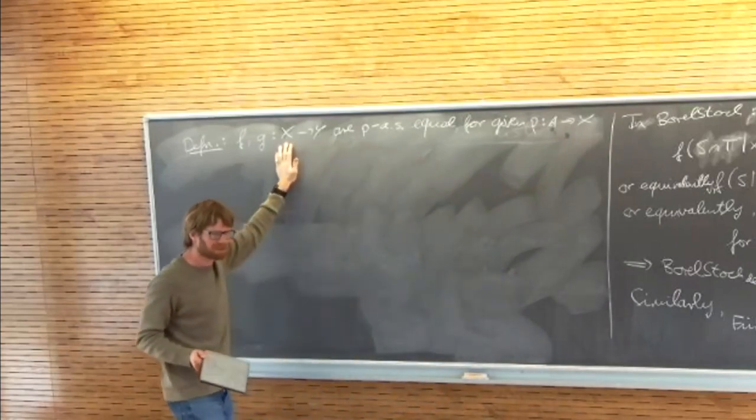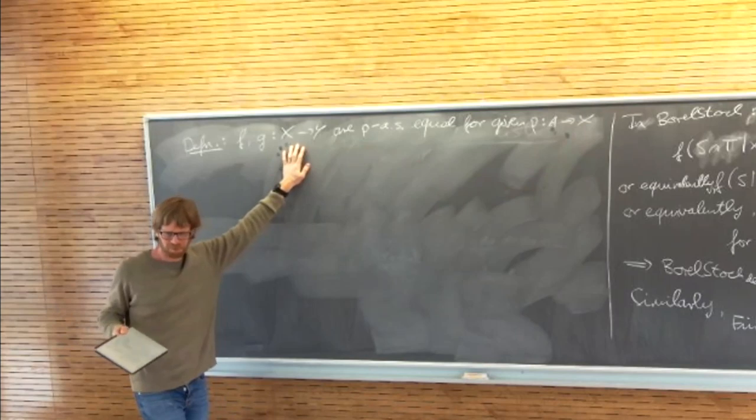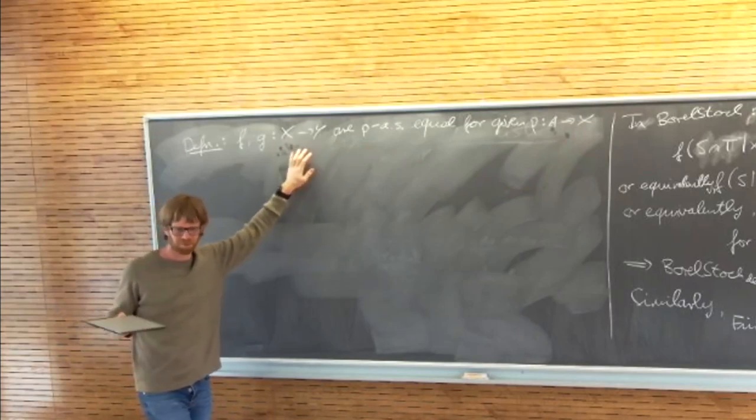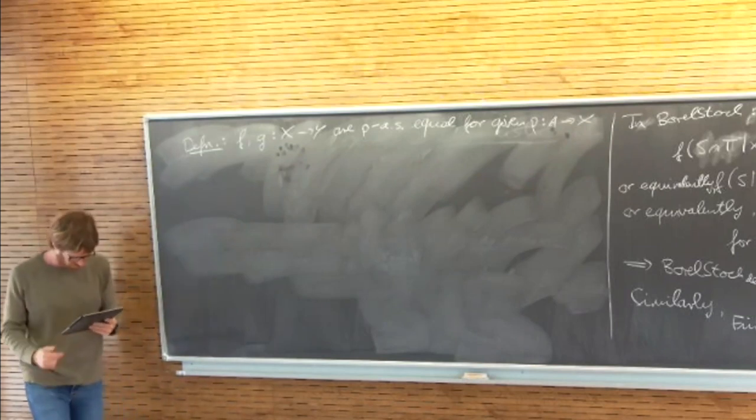The F and G maybe could be deterministic, so they could just be measurable functions, but they don't need to be. This still makes perfect sense in general, when they're not deterministic.